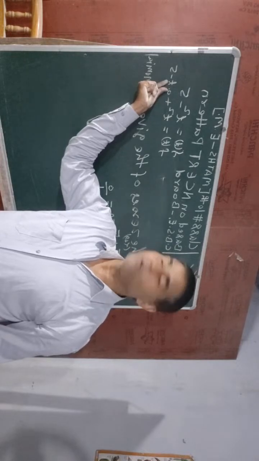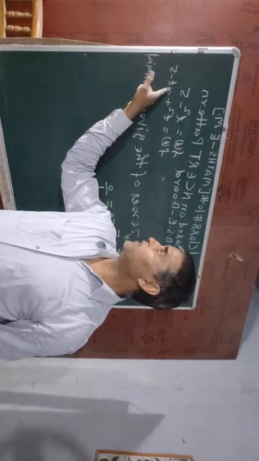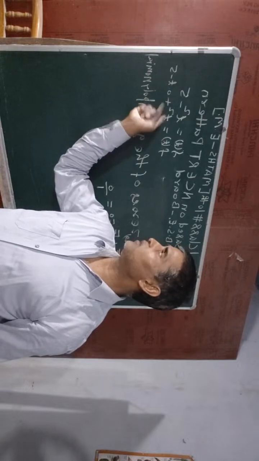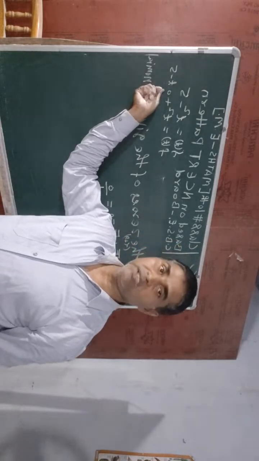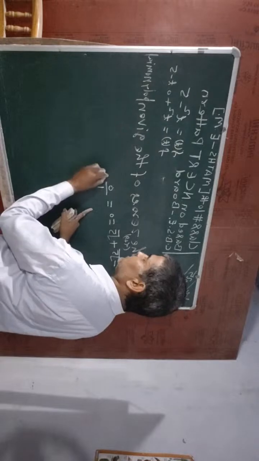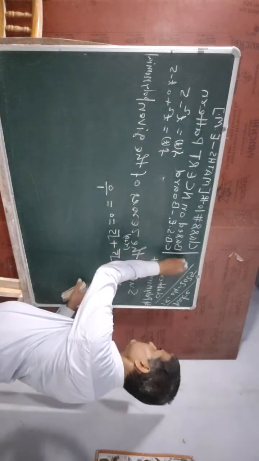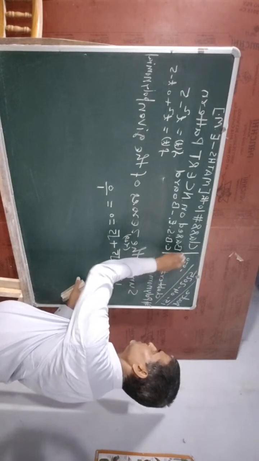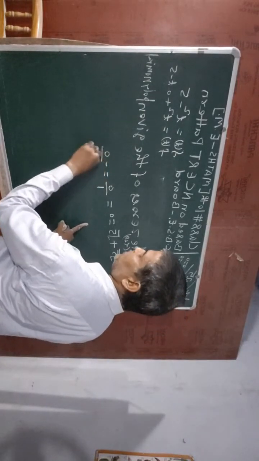I will take the constant value of the variable t. The coefficient of t square is 1 and the coefficient of t will be 0, so I will put 0 here. Now in the place of 0 I will write the coefficient of t, because if any student asks what is the value of minus 0, it will be 0. It means that here I can write minus 0 divided by 1.